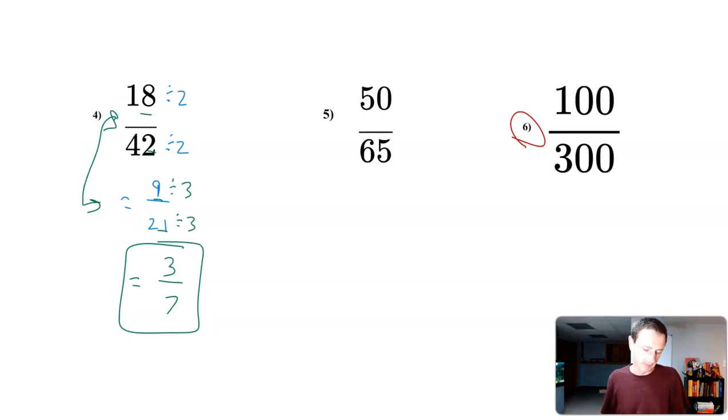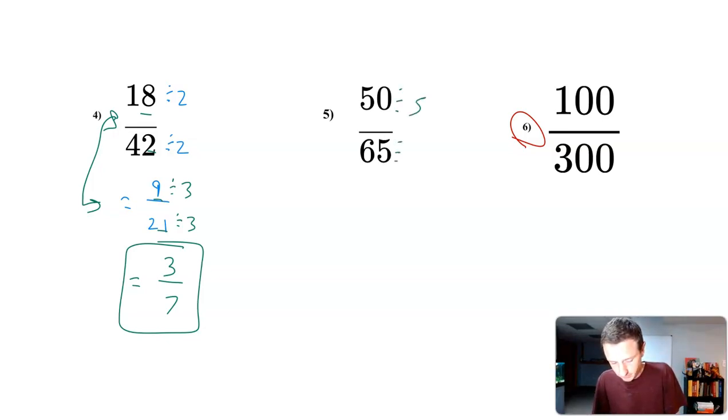So 50 over 65. I'm going to use the same kind of trick. 50 and 65. I know 50 doesn't go into 65. I know 10 doesn't go into 65. I'm noticing 5. 15 is a tricky one because you think, oh, 50 plus 15 is 65, maybe 15 works. But let's just go by 5. Let's see what happens.